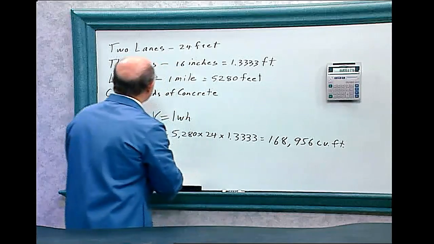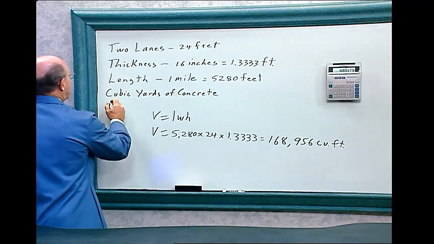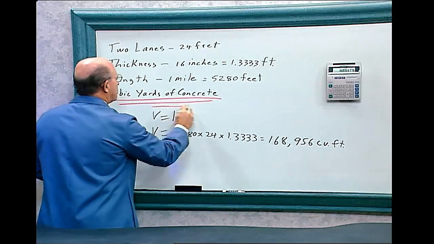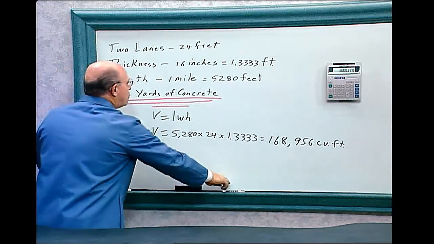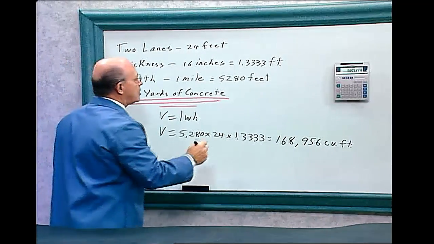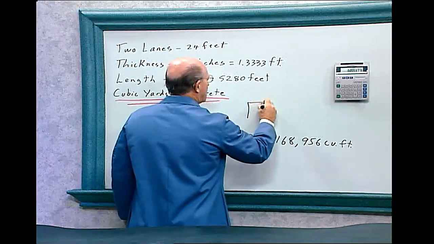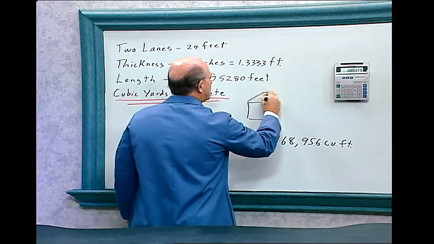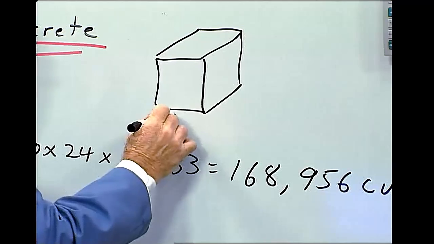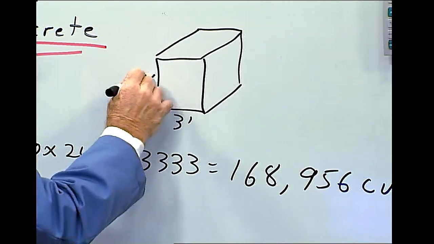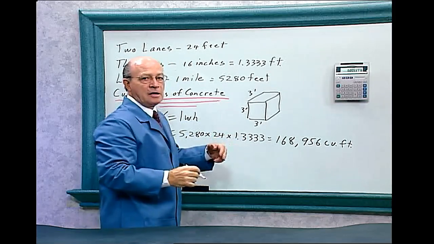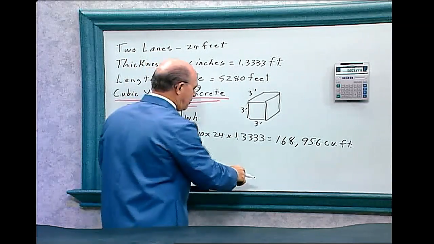But remember, the question is cubic yards of concrete. So we have to convert the cubic feet into cubic yards. Now remember again, just to refresh your memory, 1 cubic yard equals 3 feet times 3 feet times 3 feet. 3 times 3 is 9 times 3 is 27.